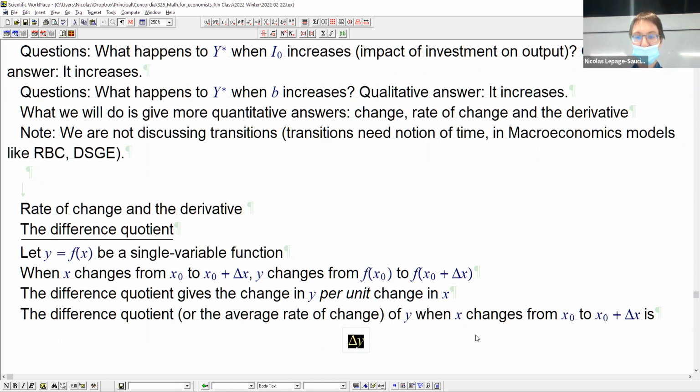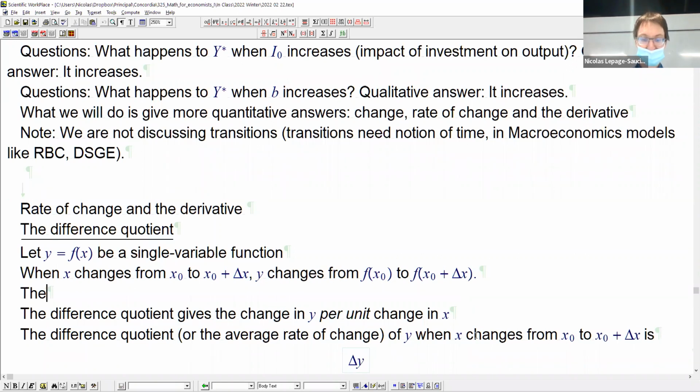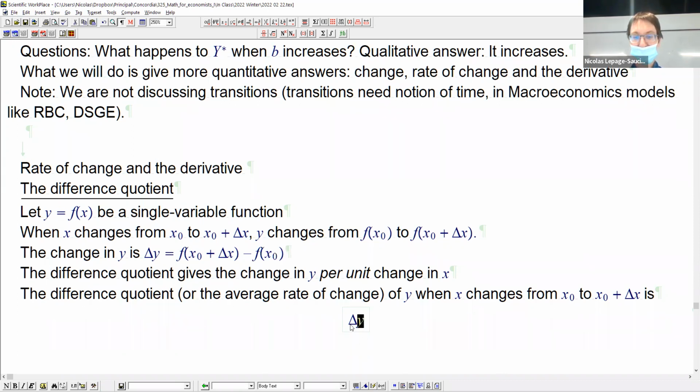I could even say the change in y is delta y. All right, so delta y over delta x.